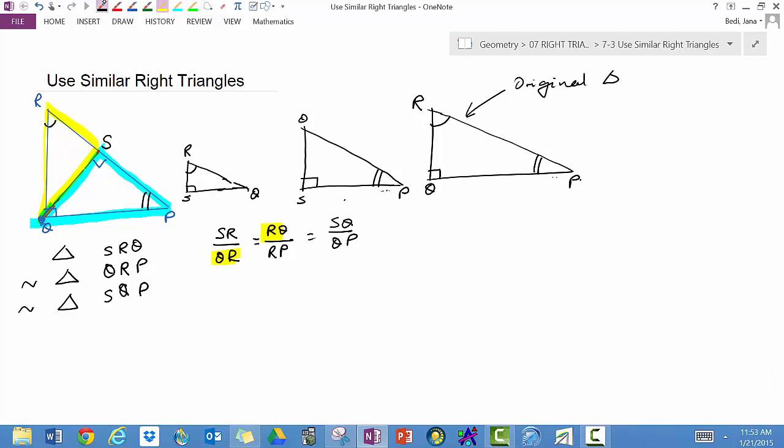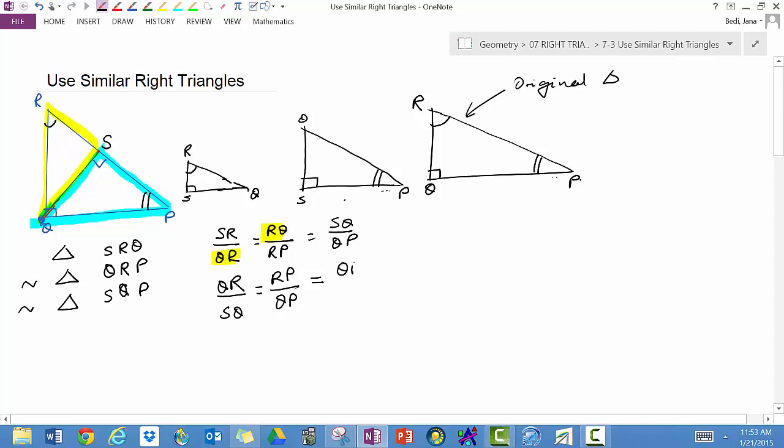Now let's look at the second and third triangles, and we'll write our statement of proportionality again. So we get QR over SQ equals RP over QP equals QP over SP. Well, look at this. We get another geometric mean.